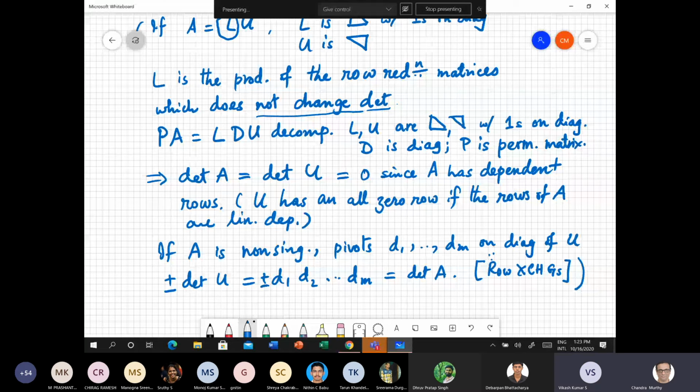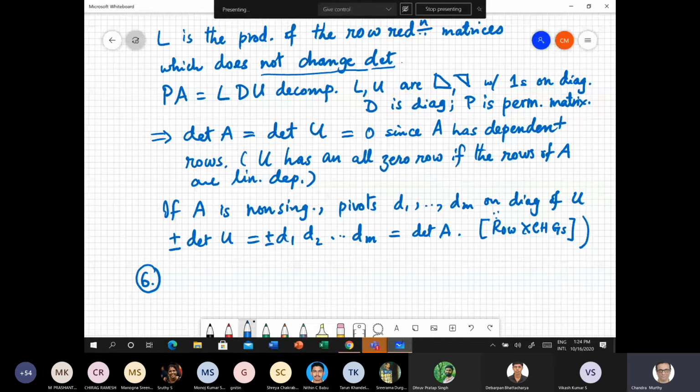Property 6 is very important, and also a property that is, again, to me really not obvious. Determinant of the product of two matrices is equal to what? Product of determinants.